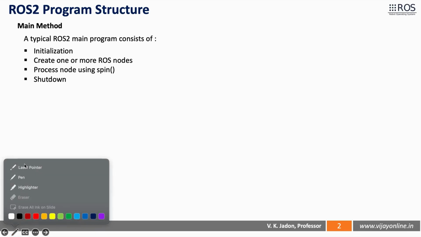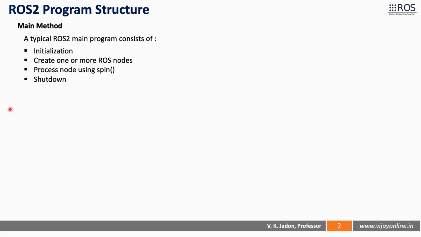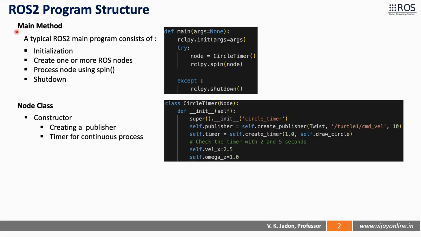So let's get started. A quick recap of the typical program structure of a ROS2 node. A ROS2 node has three main parts: one is the main method, second is the node class, and third is the callback function.